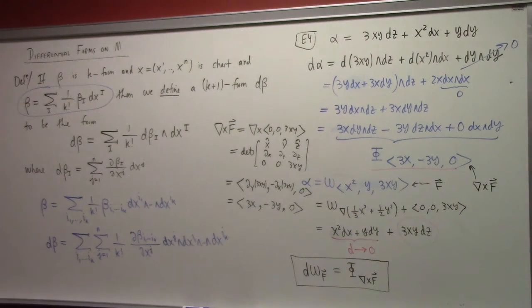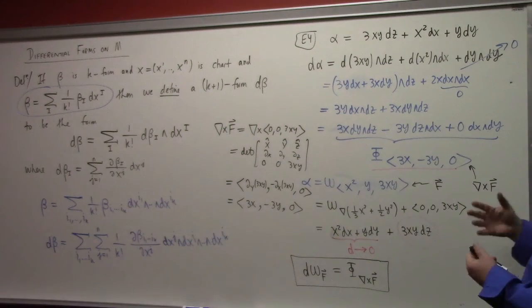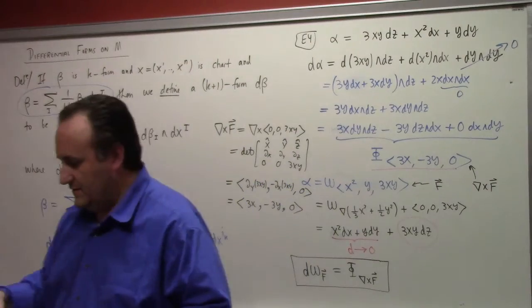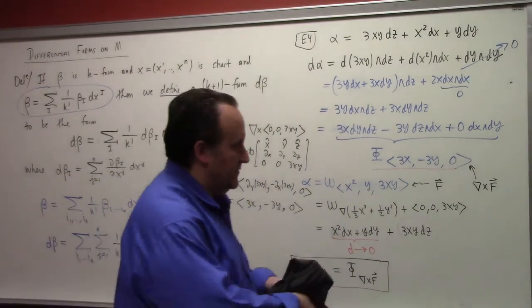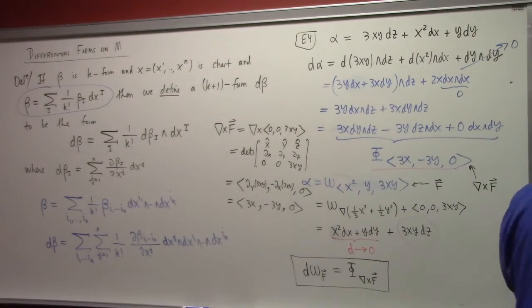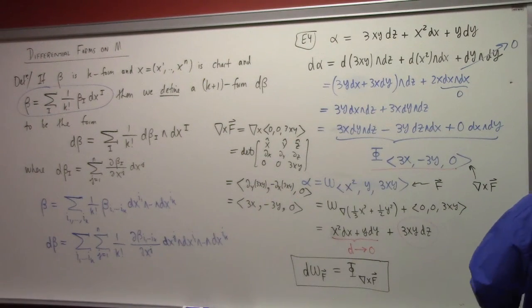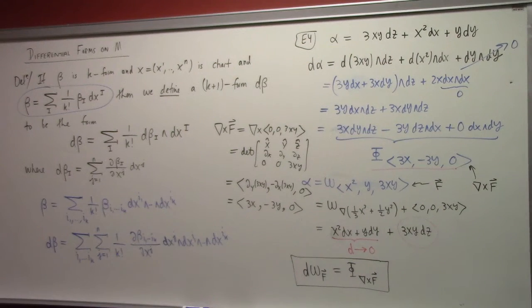Let me do something easier. We'll prove properties of the exterior derivative here in just a second. The reason it's called an exterior derivative, do you know why? The exterior derivative of a p-form is no longer a p-form.